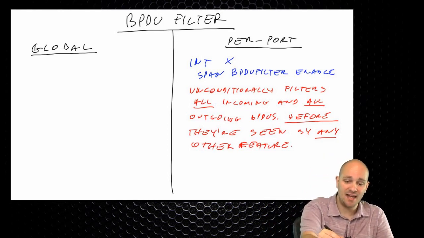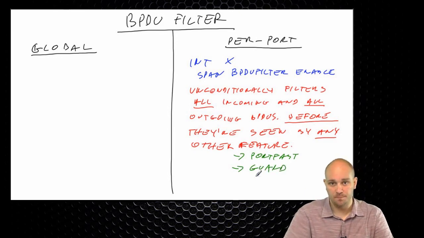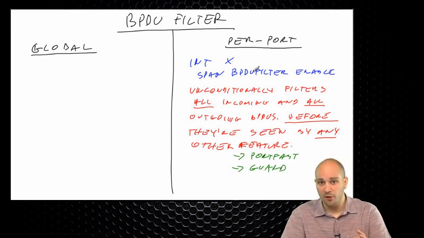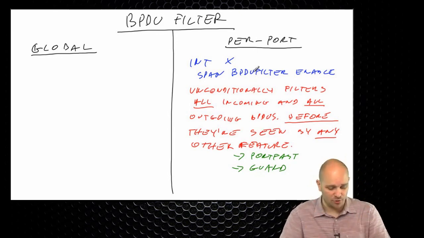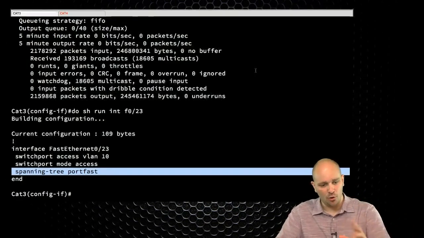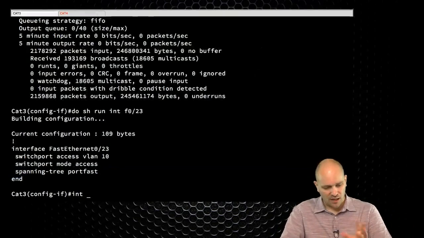And by any other feature, what I actually mean is Portfast or BPDU guard. So if I configure BPDU filter on the port, no BPDUs will be sent or received on that port. So let me demonstrate that in action. I'm going to go to my Cat3 and Cat4 here, and I'll start with Cat3.